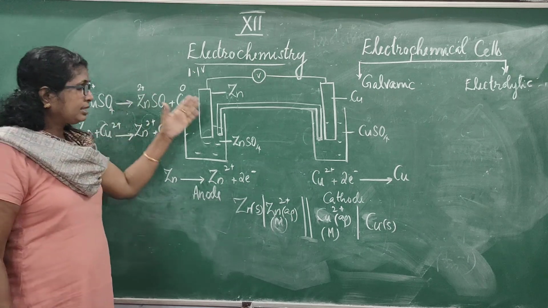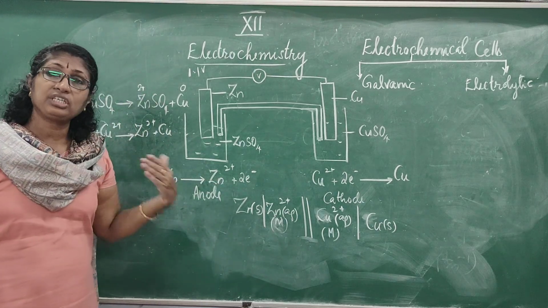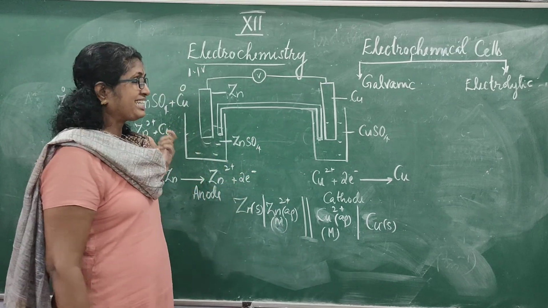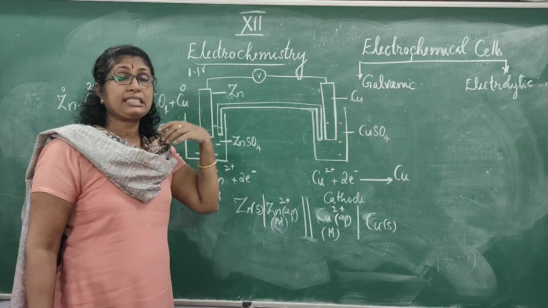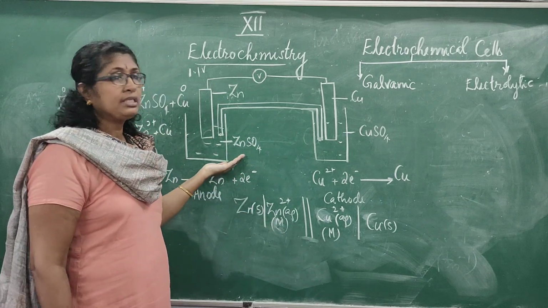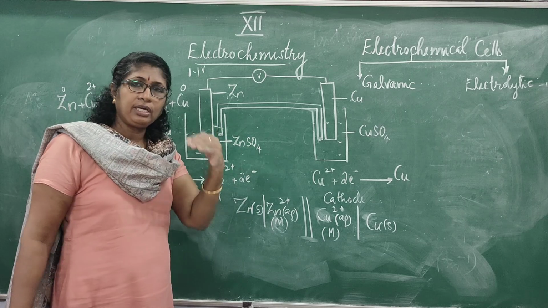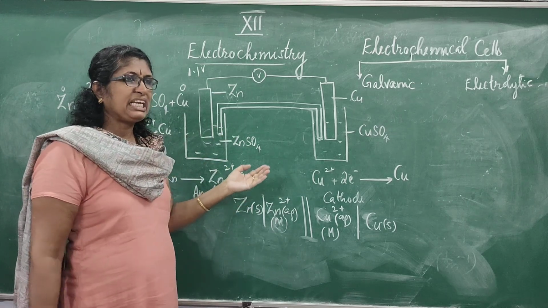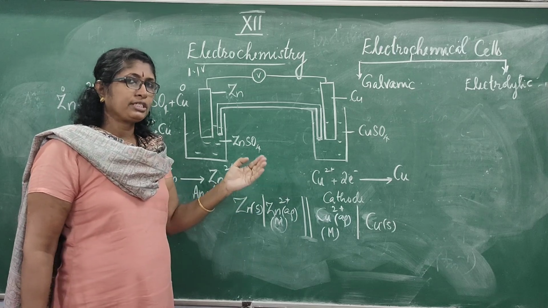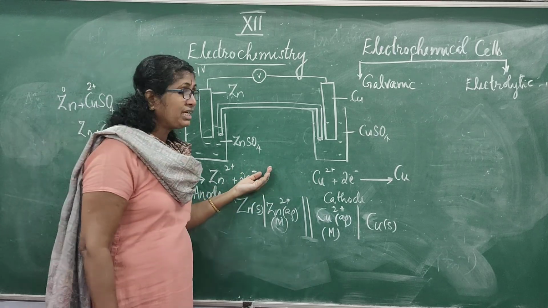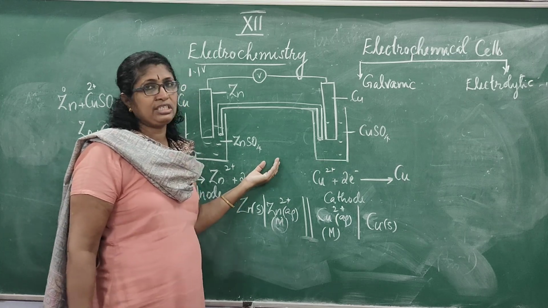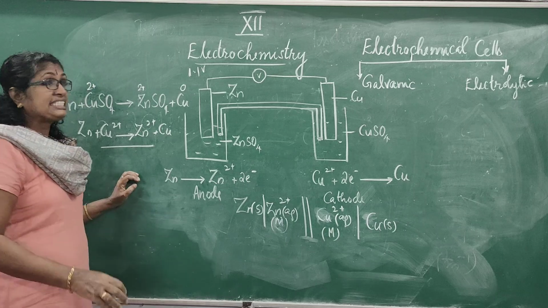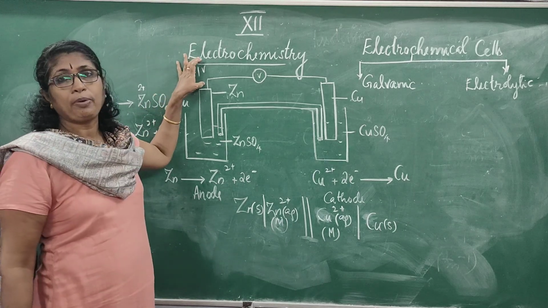Suppose I am connecting an external circuit to this cell. An external device is connected which supplies electric current to this cell, and slowly you start with some 0.5 volt, then increase the voltage to 0.6, 0.7, 0.8 like that, and see which chemical reaction is taking place. We can see that the same chemical reaction takes place till the voltage is 1.1 volt.